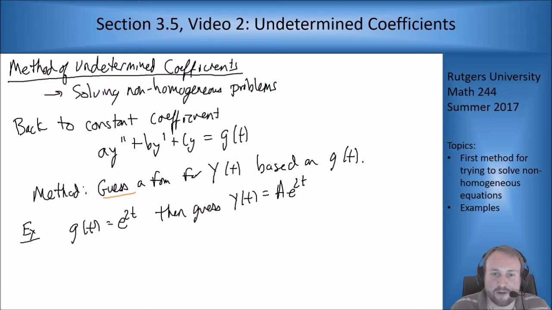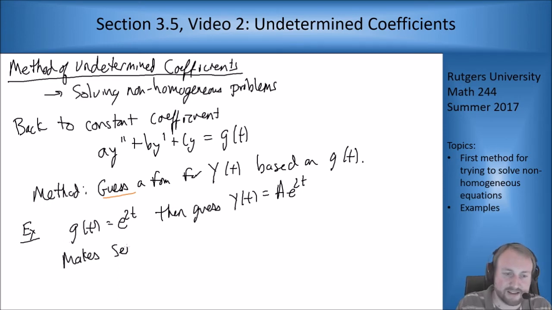Why does that make sense? Well, if I take derivatives of y, I still just get e to the 2t. I get different constants, I get 2's in front of each term depending on how many derivatives I take, but I still have an e to the 2t. So when I'm done plugging in that y, I'll end up with some function in terms of capital A times e to the 2t equals e to the 2t, and I can set that to be 1 to get my answer.